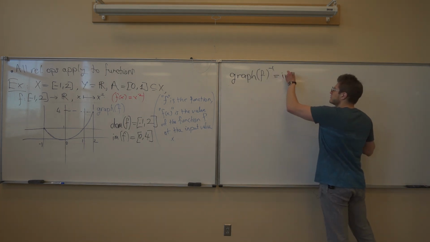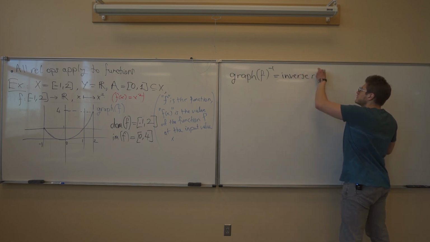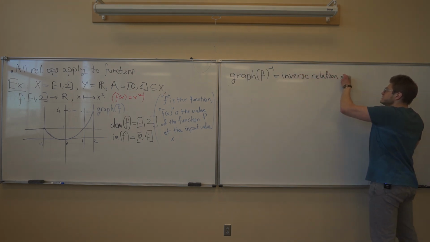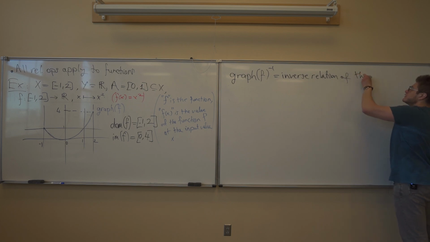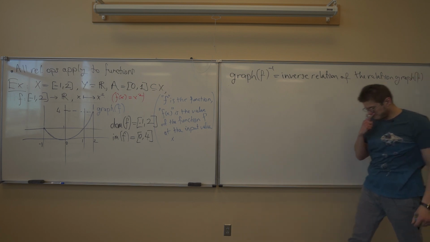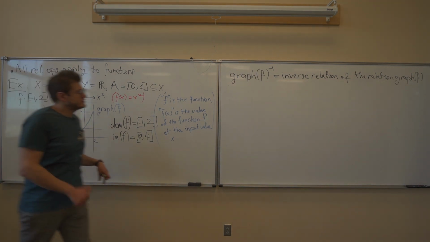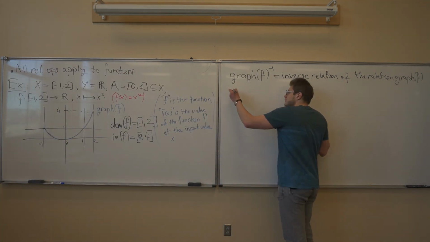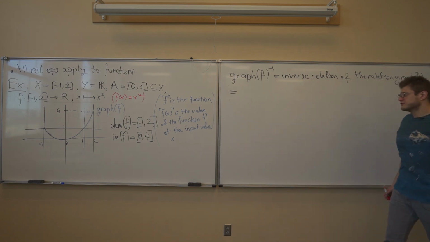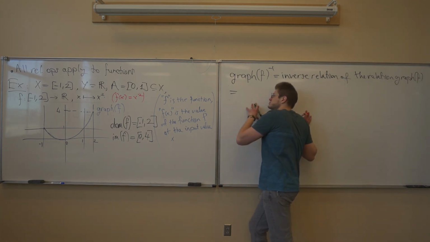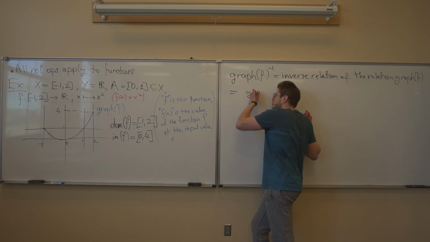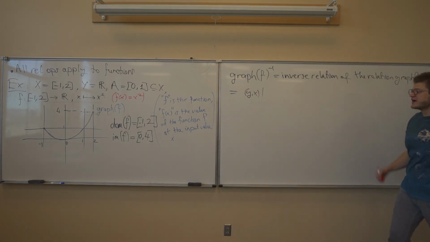So the inverse relation of the relation graph of f. Now all I need to do is to write down the definition. If you look at your notes or if you look at the video, well, the definition of this is the following. It's the set of all those (y, x) such that (x, y) is in the graph.